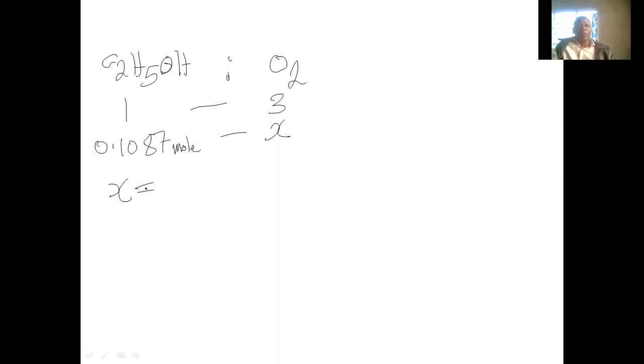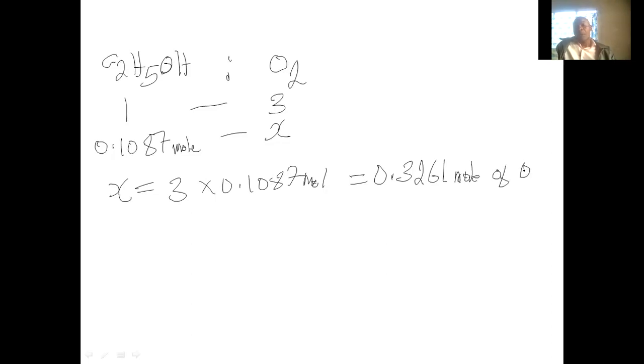The number of moles for oxygen would be 3 times 0.1087 moles, which is equal to 0.3261 moles of oxygen.